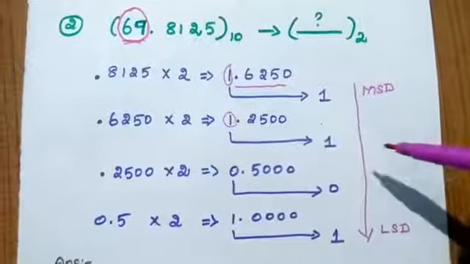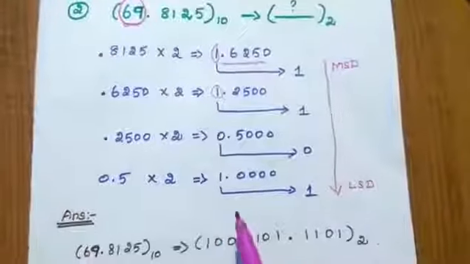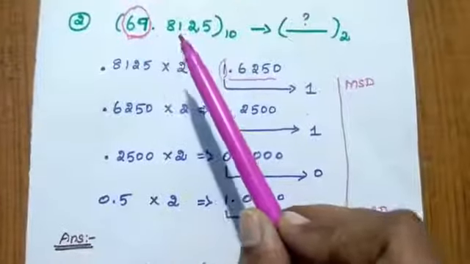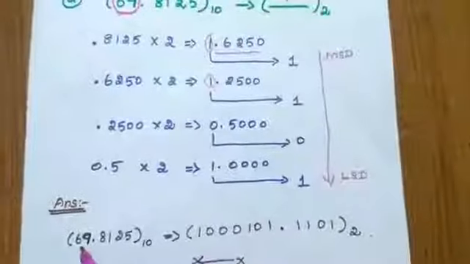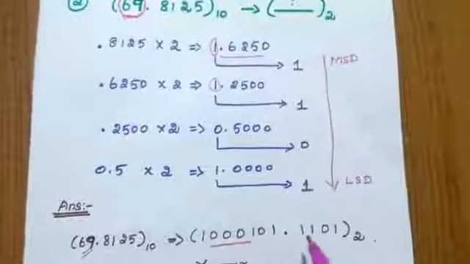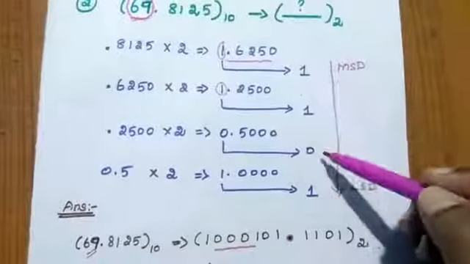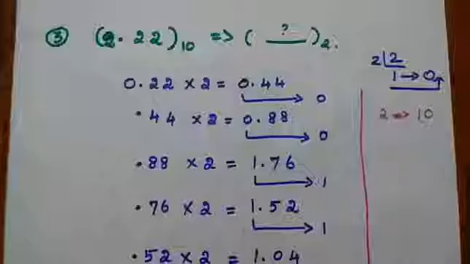You have to remember this. We can write the binary value of the given number 69.8125 as 69 already derived, so we write it as such, then the dot, and after this dot we write 1101. So this is the final answer.